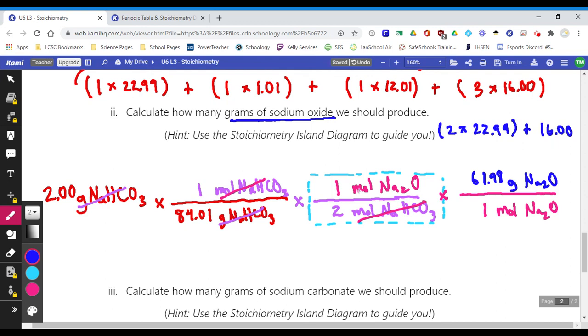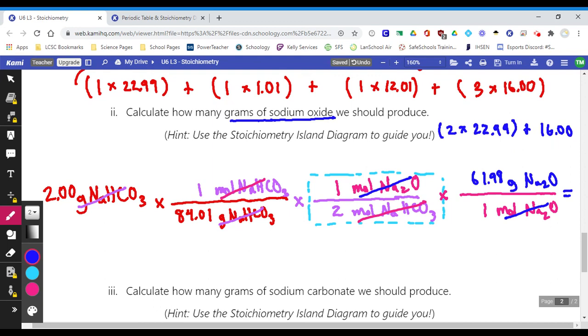All right, so my moles of Na2O are going to cancel out here. I'm going to be left with grams of Na2O, which is what we're trying to figure out, in grams of sodium oxide. Okay, so now all I have to do is calculate this. So I'm going to be multiplying by the top, dividing by the bottom. You can ignore the ones or you can include them because they won't change your math, but sometimes it's nice to keep tabs on everything that's in here.